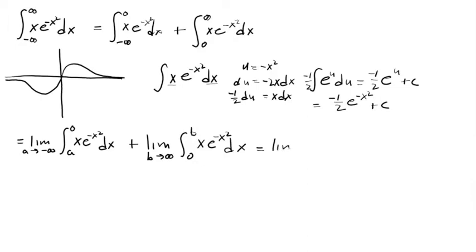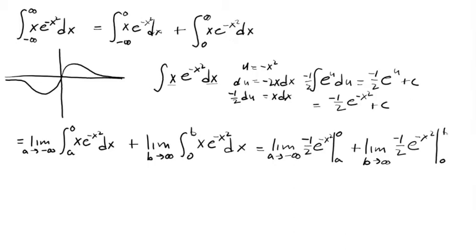So I'm going to do the limit as a goes to negative infinity of negative 1/2 e to the negative x squared evaluated from a to 0, plus the limit as b goes to infinity of negative 1/2 e to the negative x squared from 0 to b.